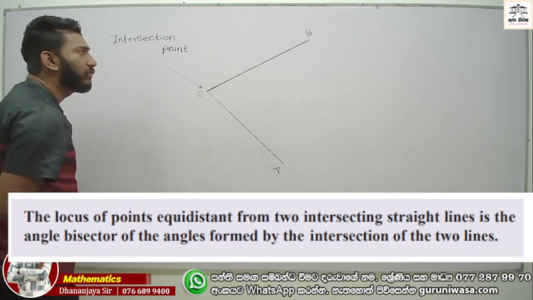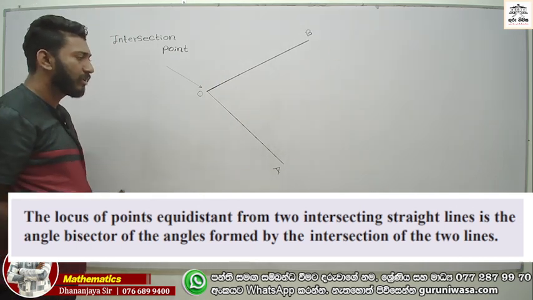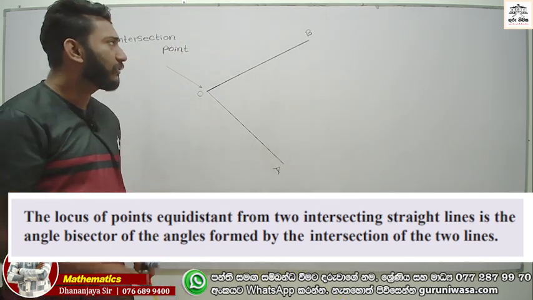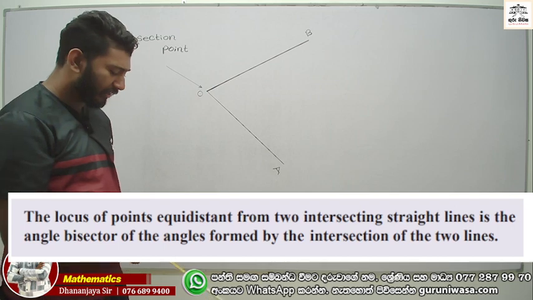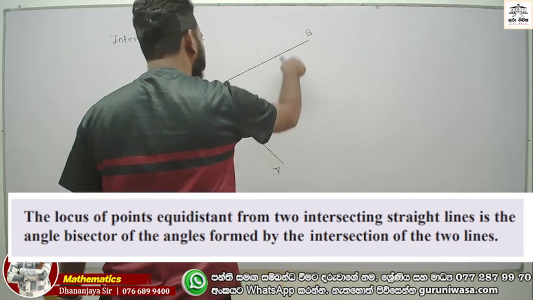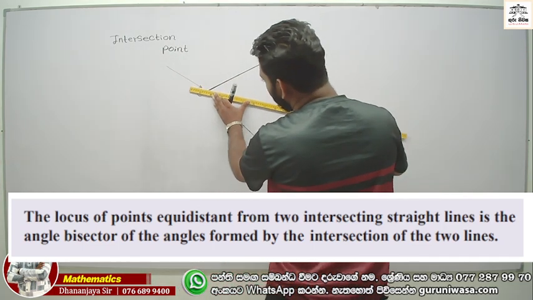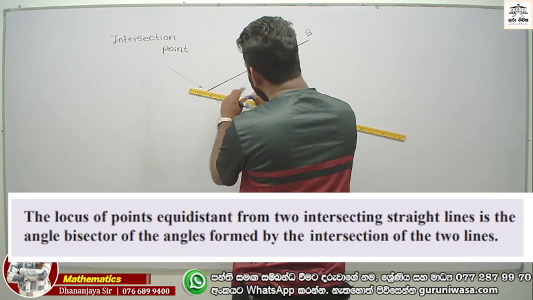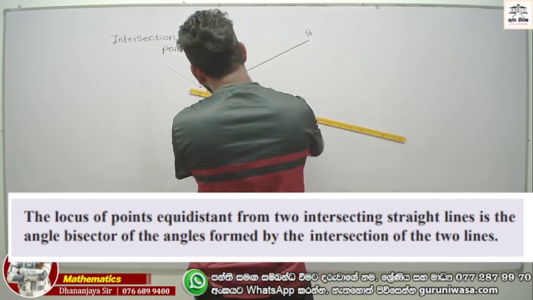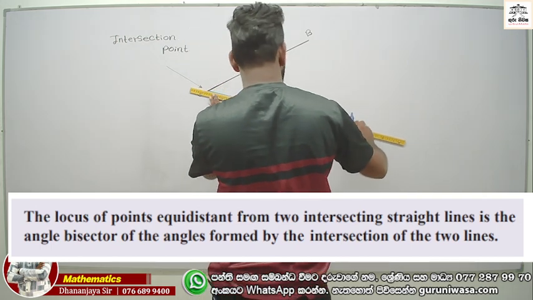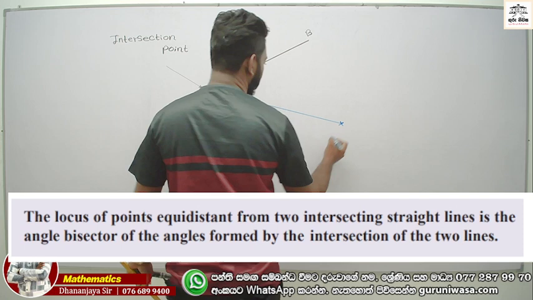Now we have two straight lines. Now what is the locus of points equidistant to these straight lines? The angle bisector. This is the angle. You need to bisect it, draw it exactly through the middle. Look at this.